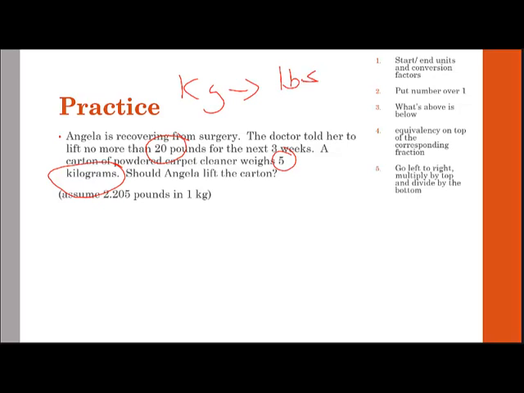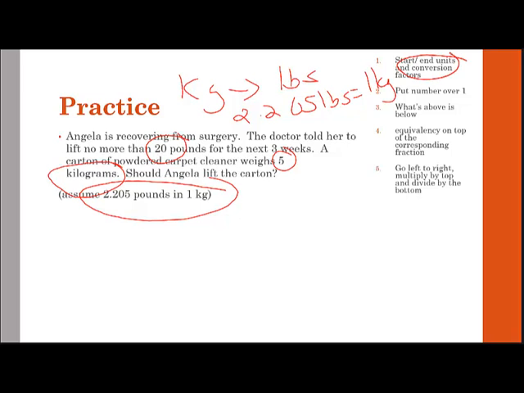We have a conversion factor right here. 2.205 pounds is equal to 1 kilogram. So we have our starting and ending units and our conversion factor. Now let's put our number over 1. So 5 kilograms over 1.